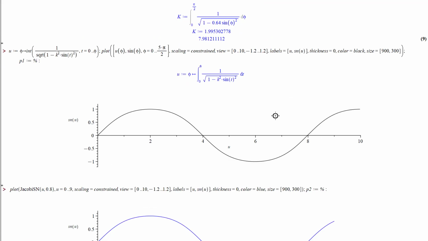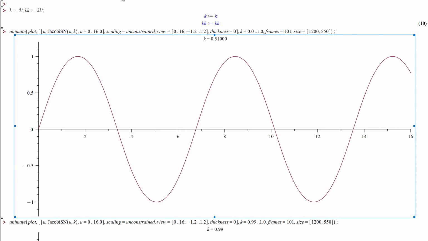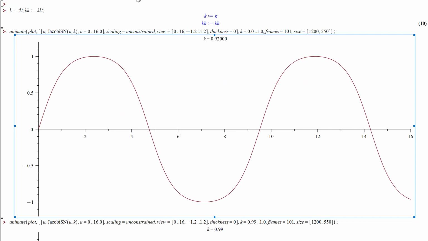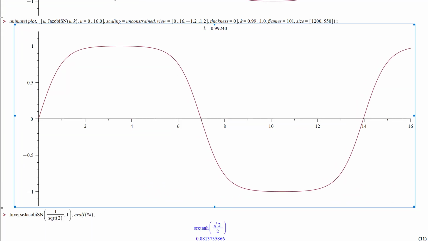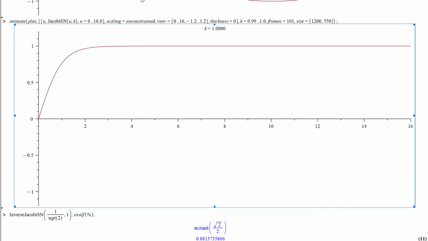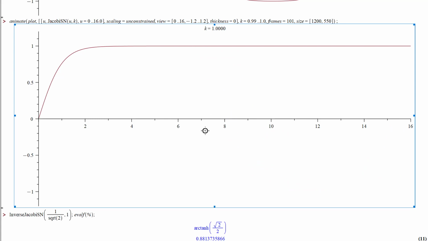Anyway, so here's the graph of sn u, horizontal axis u, vertical axis sine phi. So u of phi, sine of phi. If you want to look at the graph for different values of k, when k is 0, it's actually just regular sine u. But then as k gets bigger, oops, it gets distorted. And if we're interested, it's going to approach hyperbolic tangent of u.